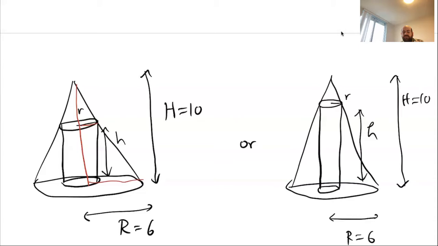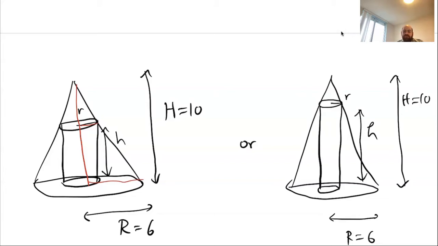You can have a very long cylinder with small h the same as capital H. In the other extreme case, you can have a very short cylinder where small h is almost 0 and small r is almost capital R. So in the most extreme cases, small h could be as small as 0 or as big as capital H.